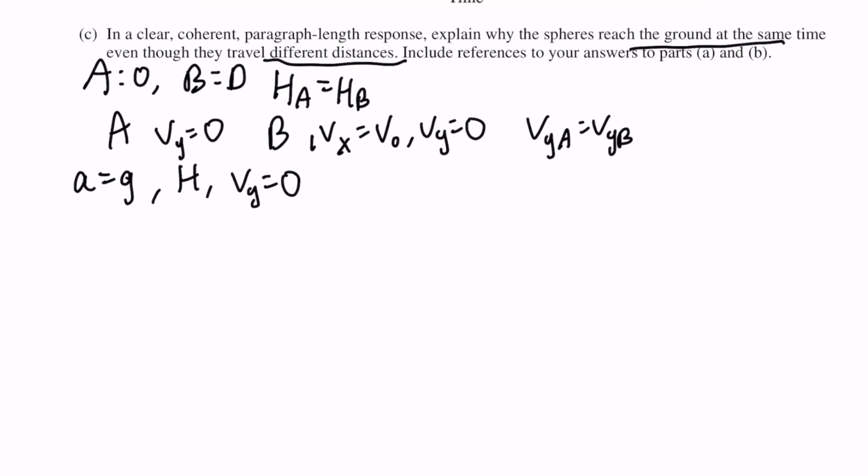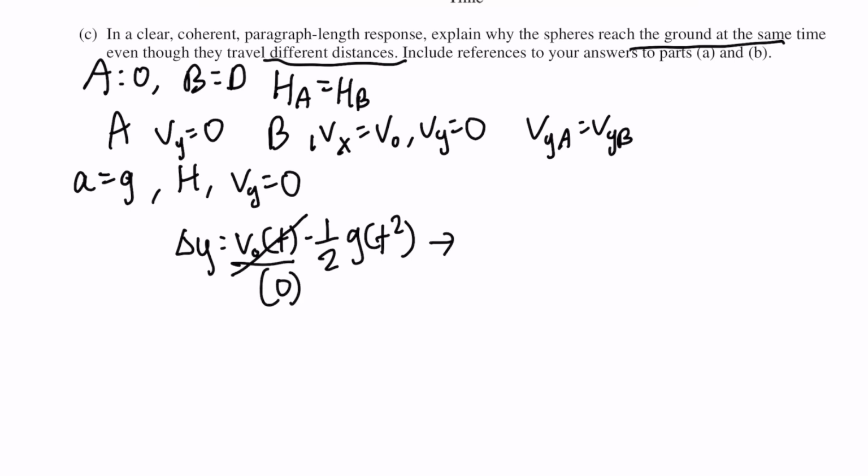And if we look at this equation, we know that delta y equals v naught times t minus 1/2 g times t squared. Because v naught in the y direction is 0, that simply becomes negative h equals negative 1/2 gt squared, because they're falling a distance h.